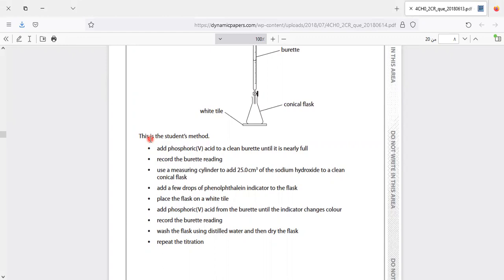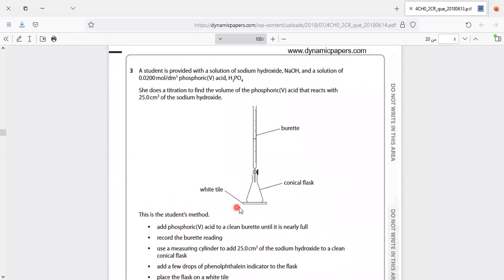Add a few drops of phenolphthalein indicator to the flask. Place the flask on a white tile. Add phosphoric acid from the burette until the indicator changes color. Record the burette reading. Wash the flask using distilled water and then dry the flask. Repeat the cycle.